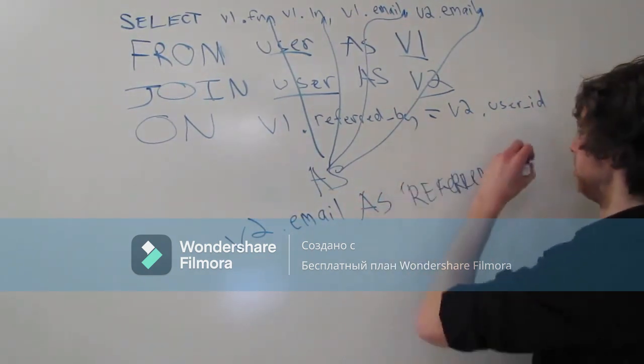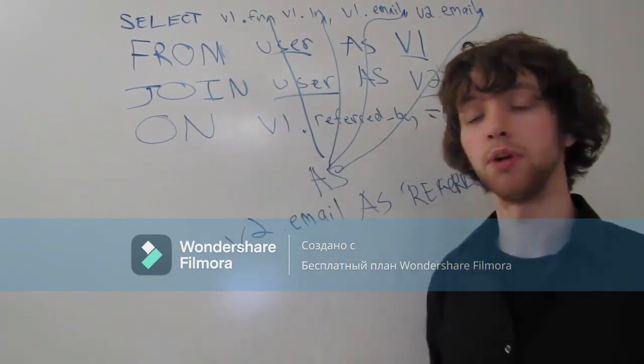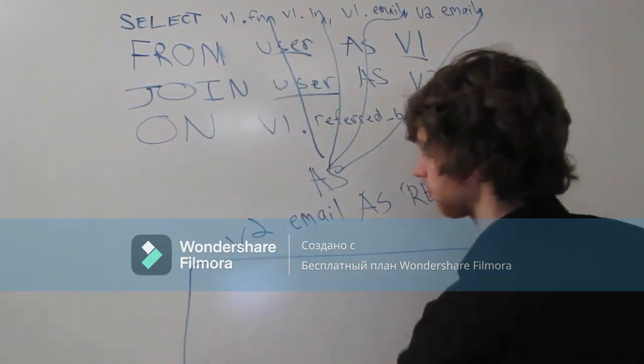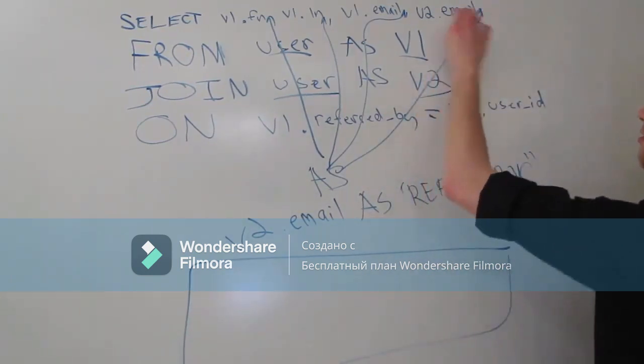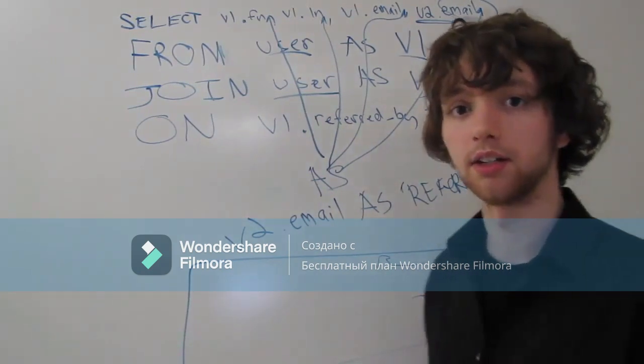And this you're going to want to put in quotes to say you want that string as the title for that column. And then when you get that new table, that join, instead of saying email, it's going to say referred by, and then it'll list the data.